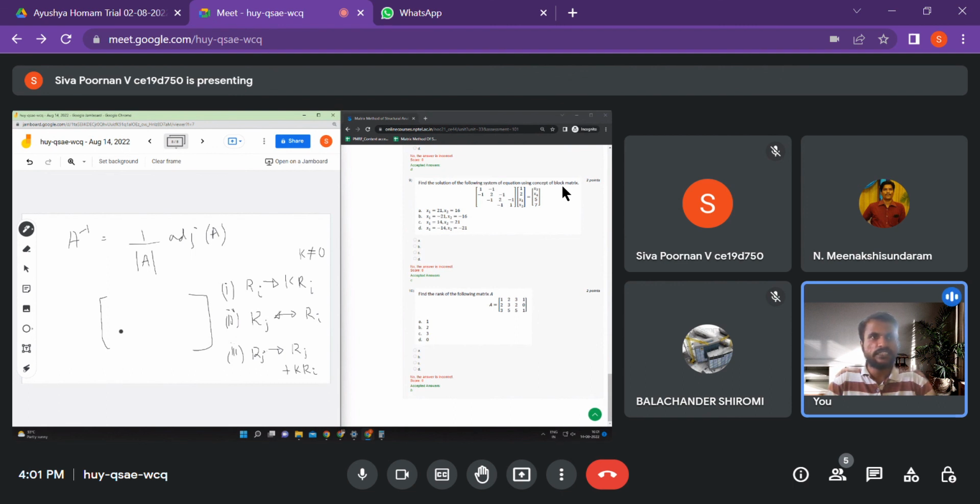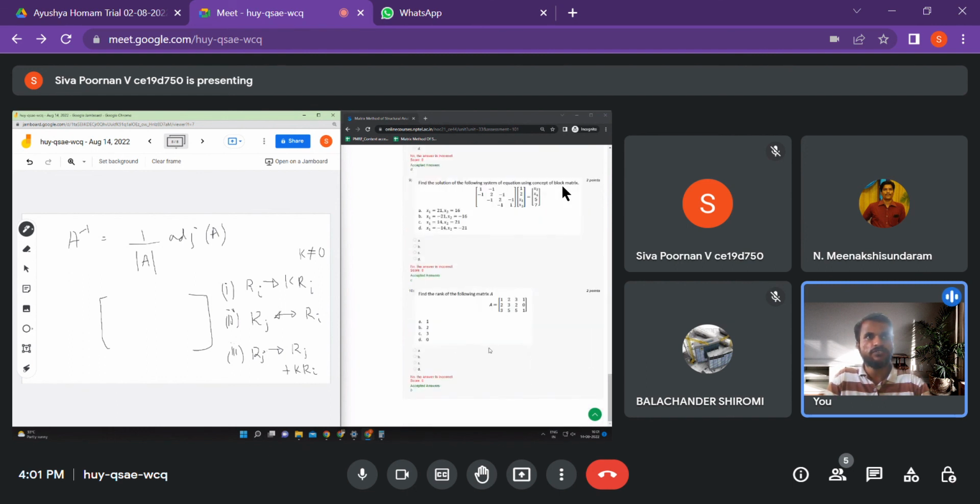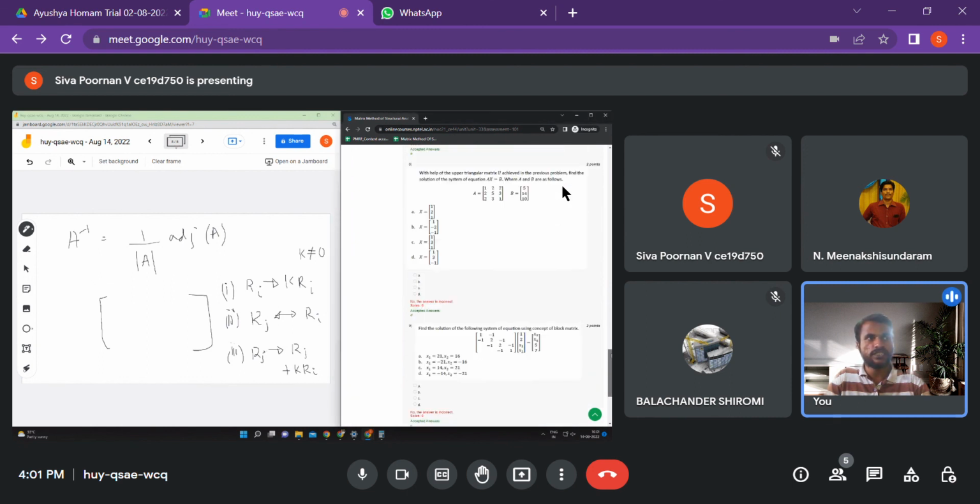You can use the previous operations to find the row echelon reduced form and see how many zero rows there are. Whatever is left over is the rank. I think all these are pretty straightforward from the course that has been covered.